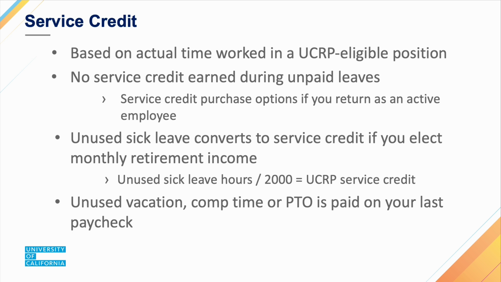And that would allow you to actually use that vacation as time in advance of retirement. Again, that's subject to department approval, so you'll need to work with your department if that's an option that they would permit.